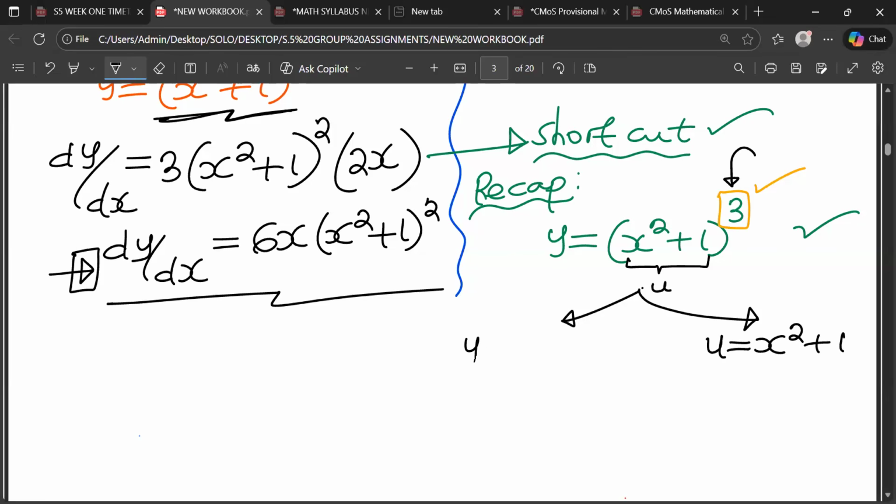So even our y becomes u power 3, because this u has replaced the x squared plus 1, which is here. So our y is u power 3, and our u is just what is inside the brackets.